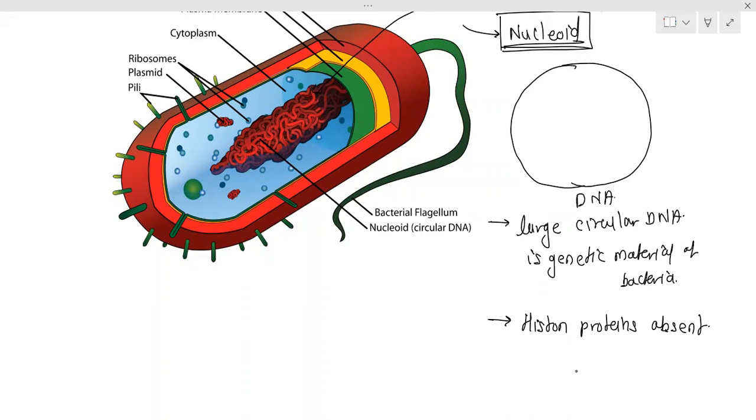Understanding? Then there will be the cytoplasm, the liquid part. In that liquid part, we see small bubble-like structures. These are called inclusion bodies.